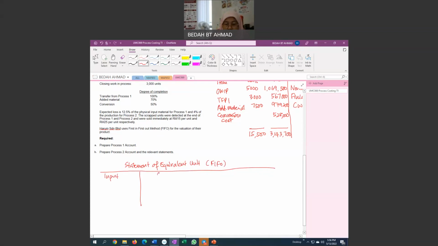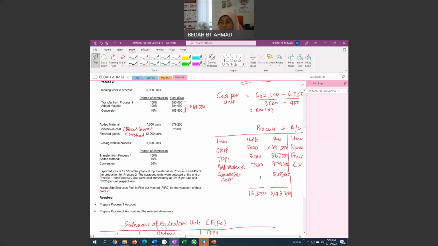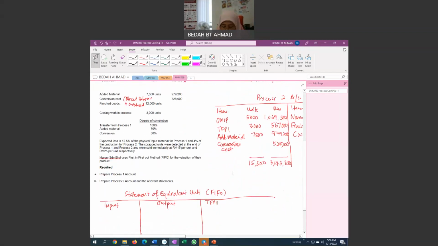It comes from the transfer from process 1. So we just take whatever is in process 2, additional materials and conversion cost.